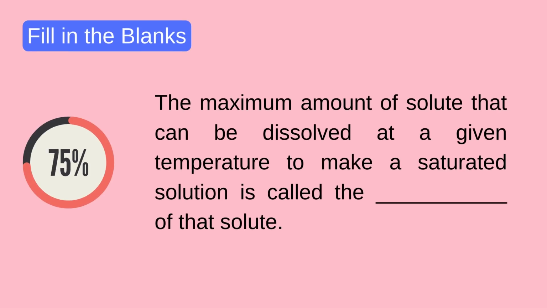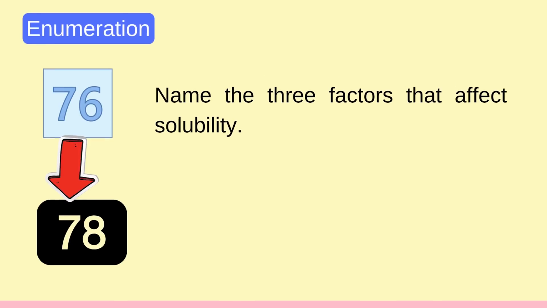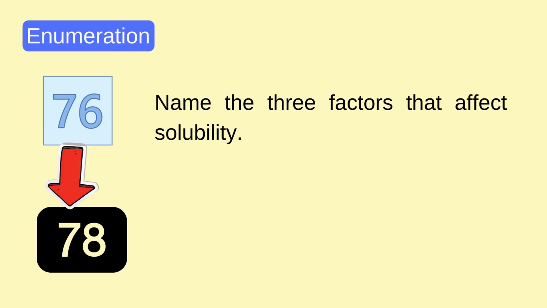The maximum amount of solute that can be dissolved at a given temperature to make a saturated solution is called blank of that solute. Name the three factors that can affect solubility.